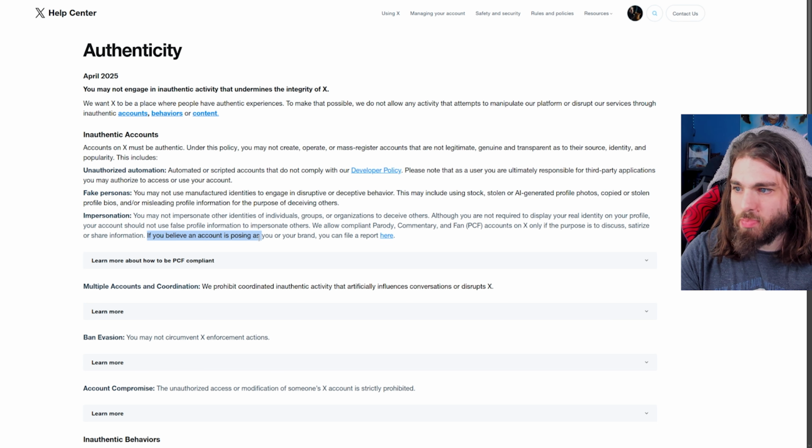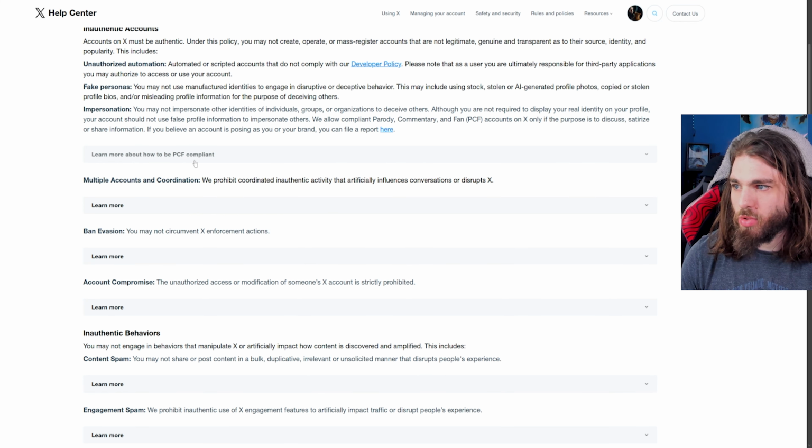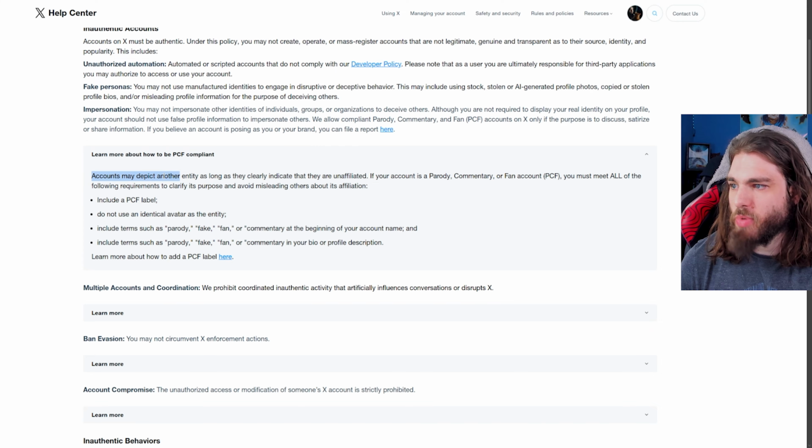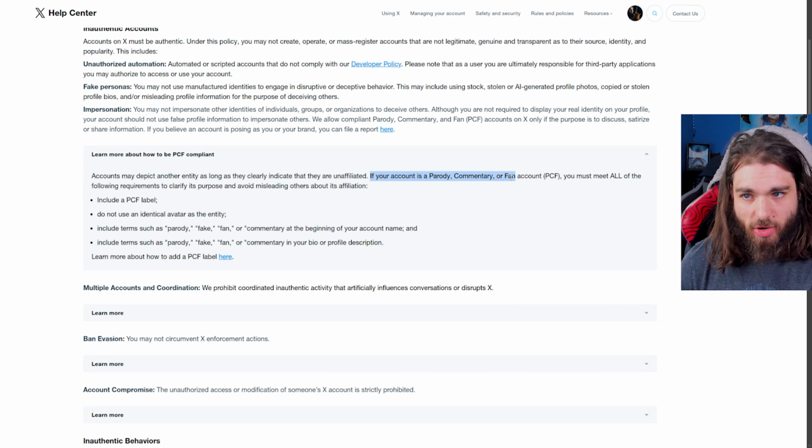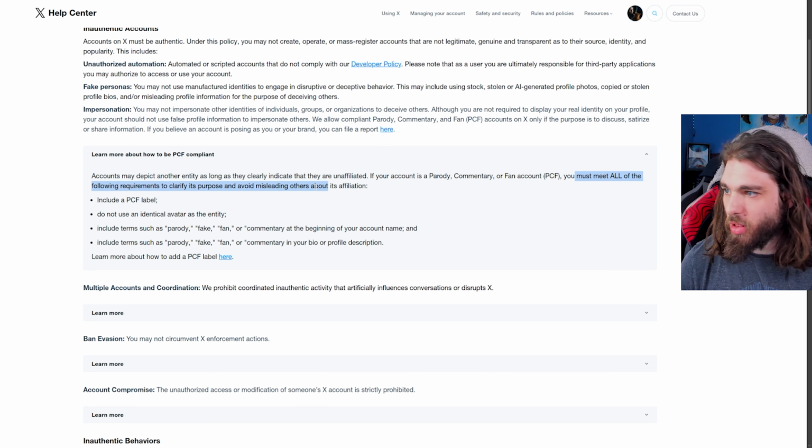If you believe your account is posing as you or your brand, you can file a report here. Accounts may depict other entities as long as they clearly indicate that they are unaffiliated. If your account is a parody, commentary, or fan account, you must meet all of the following requirements. Well, I don't have that, right? So we can move on.